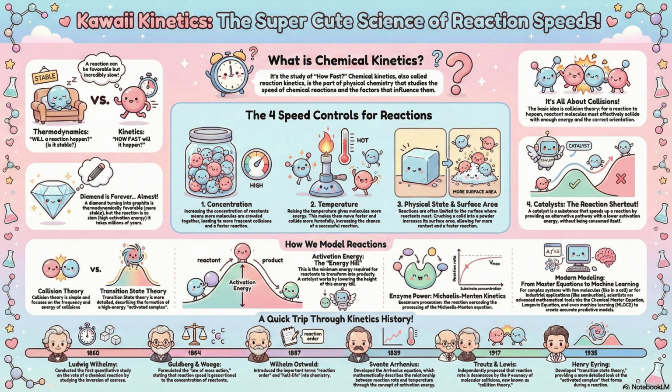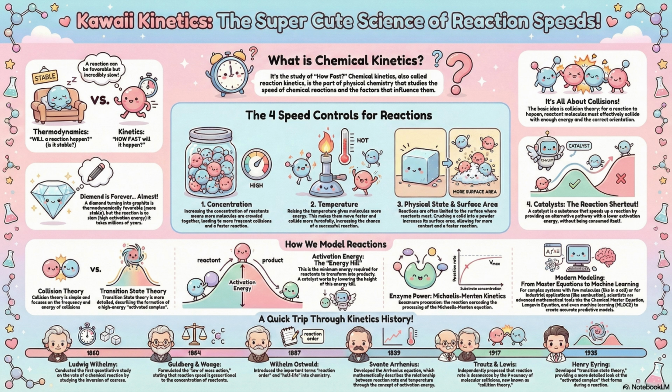And two, and this is just as important, they have to have the correct spatial orientation. They have to be facing the right way. Exactly. If they have the energy but they're backwards, they just bounce off. No reaction. So the overall rate is just a function of how many effective collisions you can get. Right. And this tells you exactly which levers you can pull to change the rate. Like physical state, for instance. Yeah. Or surface area. Critical.